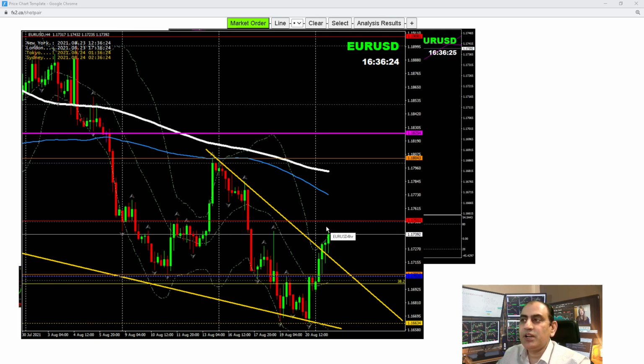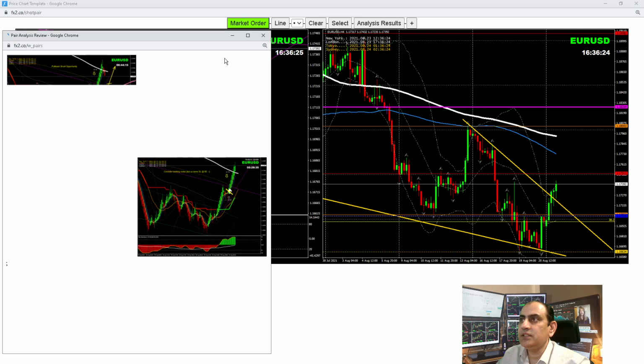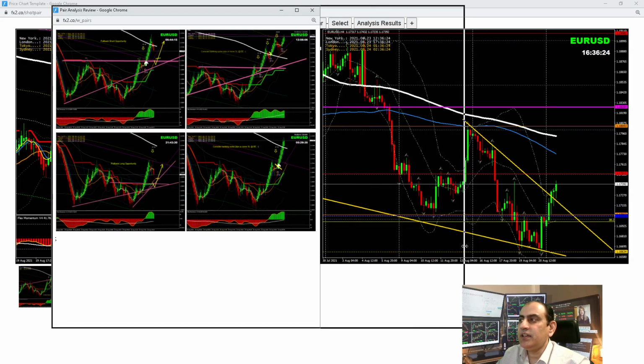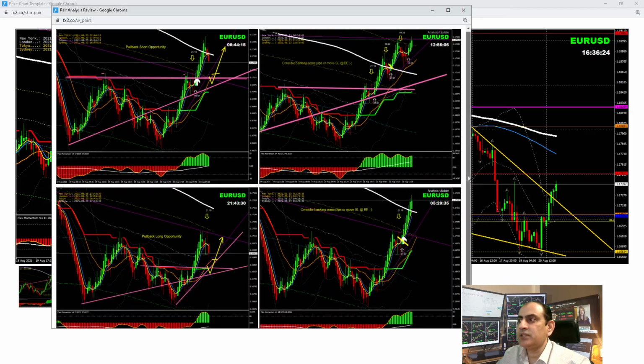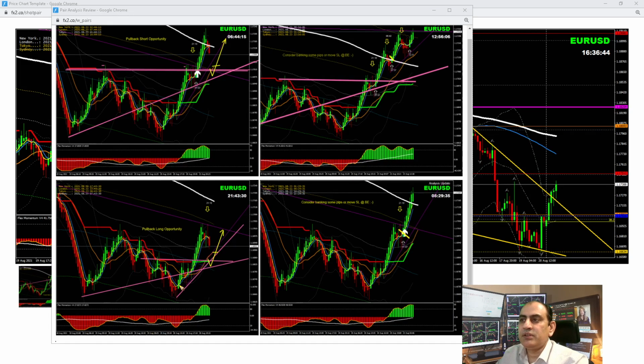Let me share with you guys how I analyze the market in intraday, and this is all the intraday analysis. As you can see here, last night as soon as the market opened, I explained to my traders the price had already moved, hence we're looking for a pullback at this level.